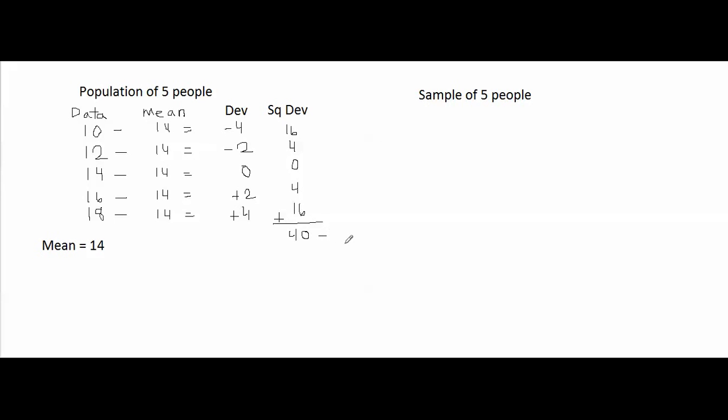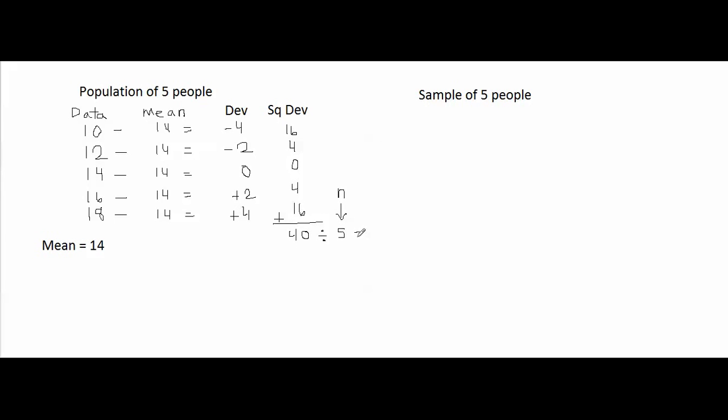If it's a population, you divide by the number of squared deviations, which is 1, 2, 3, 4, 5. This number that we're dividing by is called n. It's the number of squared deviations, and it's also the number of people, because remember how each person has his or her own squared deviation, so if you have 5 people, you have 5 squared deviations. So it's really just the sample size.